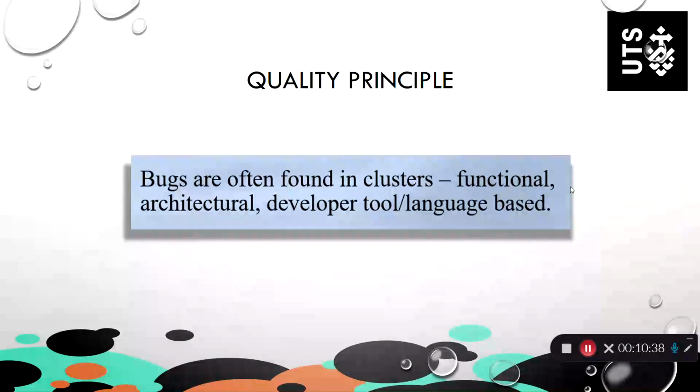Quality principles. Bugs are often found in clusters: functional, architectural, developer tools, language based. Okay, so it is natural. We also have this phenomenon. You see, most of the people live in a few cities, right?